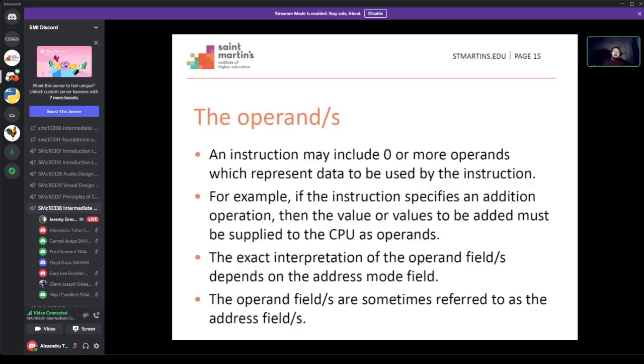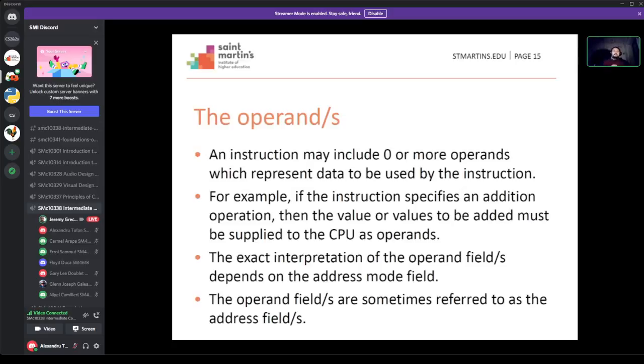Another addressing mode that could be used is to take the perspective that the operands that are actually going to be forwarded to you are the actual data that we're going to be making use of.